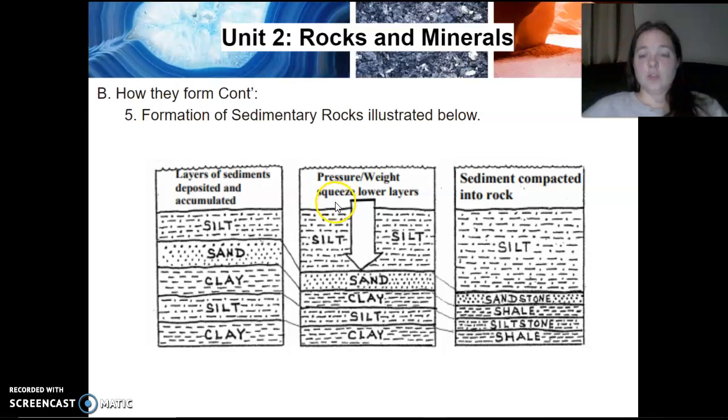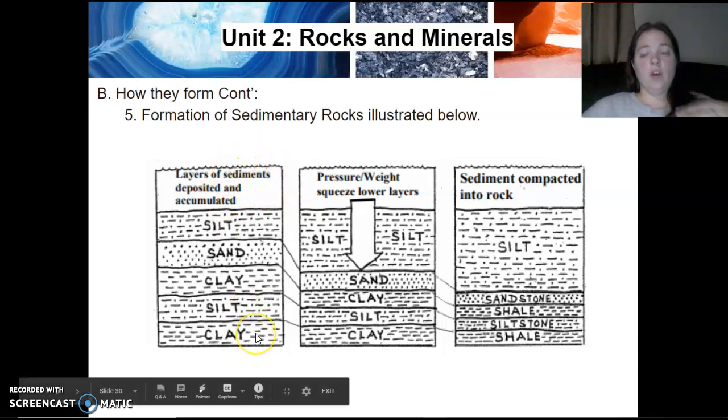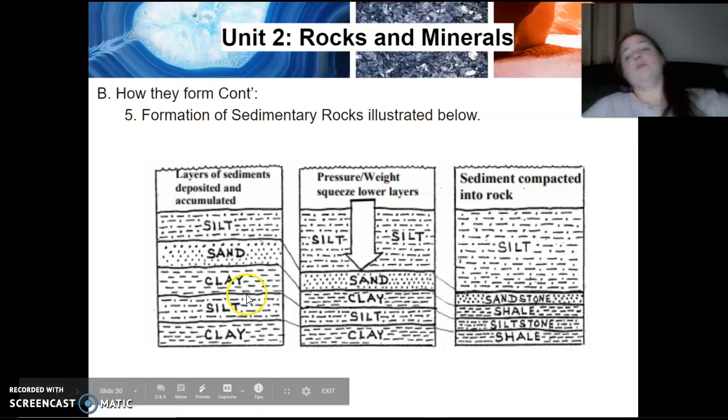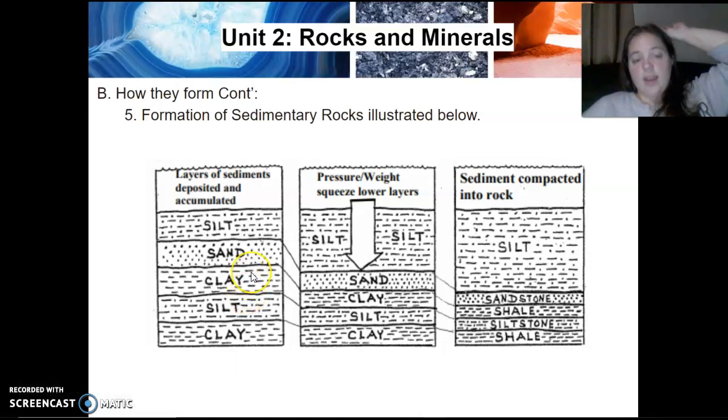So this is just an illustration showing what happens. You have layers of sediments deposited. You have clay from when it was deep in the sea, and then the water level dropped and you got silt, and then it rose back up again and you got clay, and then it dropped significantly to like a beach where you got sand, and then it dropped again back down to silt.